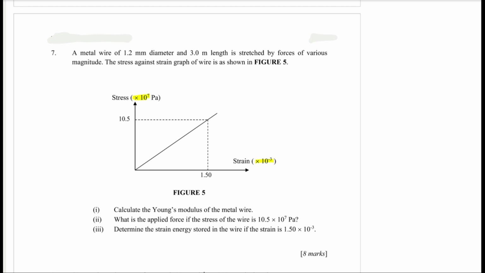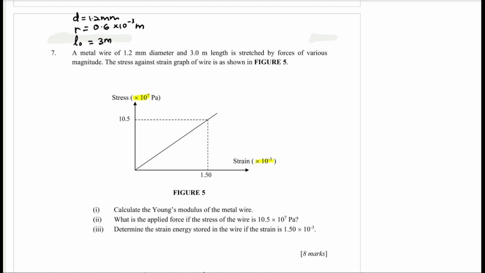Alright, okay. So now the diameter of the metal wire, given that D is equal to 1.2 millimeter, means that the radius, okay, saya lagi suka tukar terus kepada radius lah, is equal to 0.6 times 10 power of negative 3 meter. And then the initial length, L0 of the metal wire is given 3 meter.